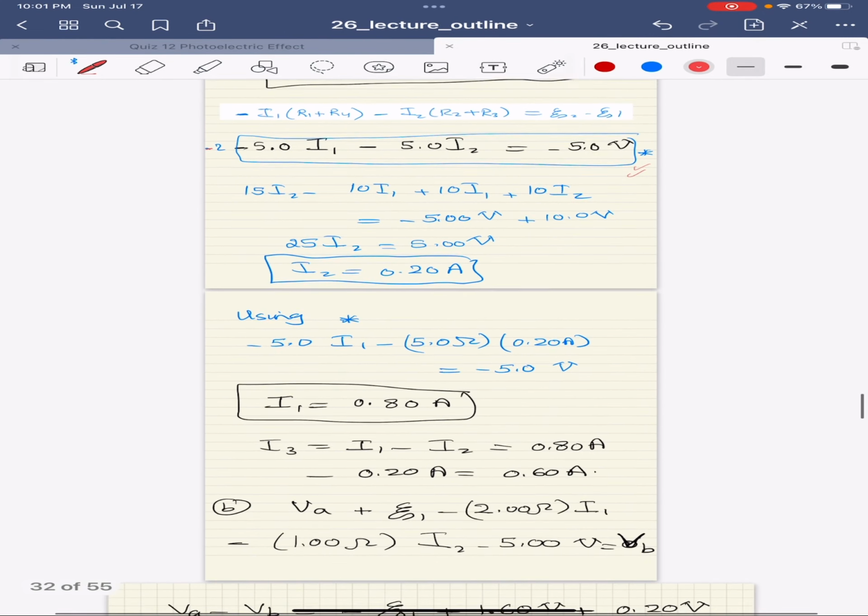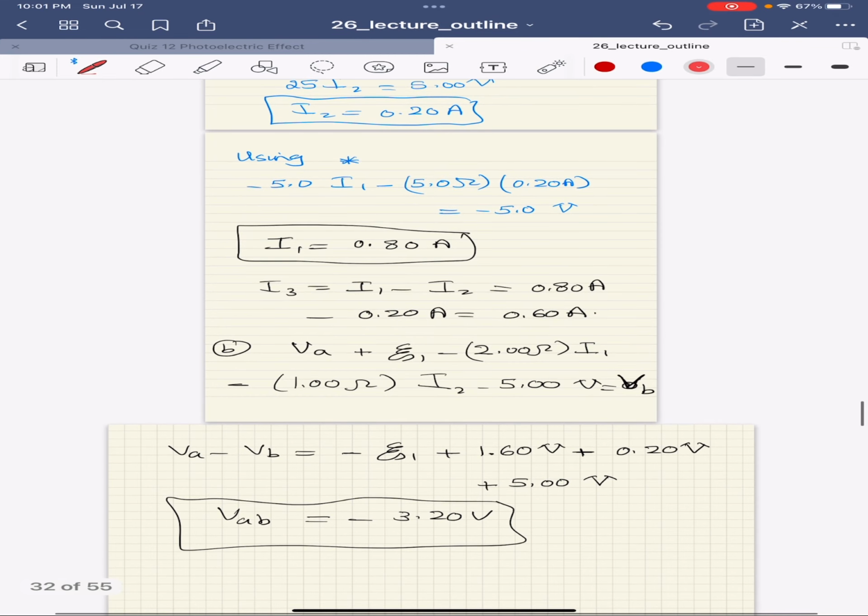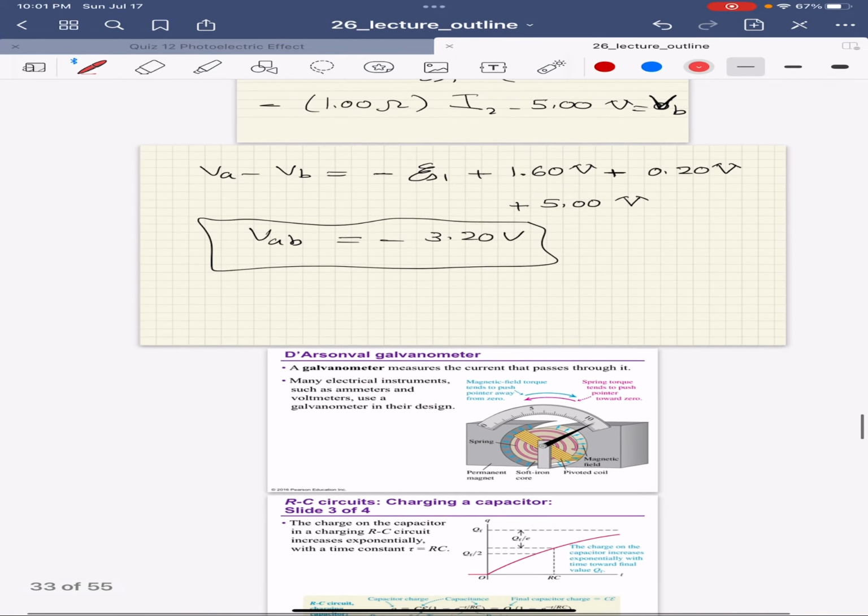I did this here, and then finally I substituted my values, and VAB is negative 3.2.